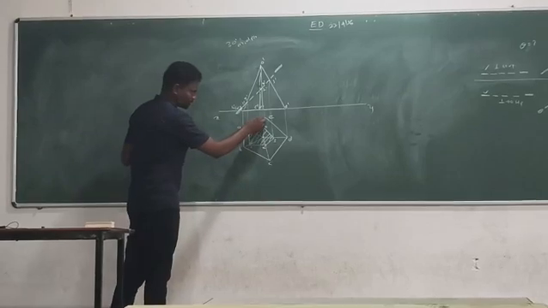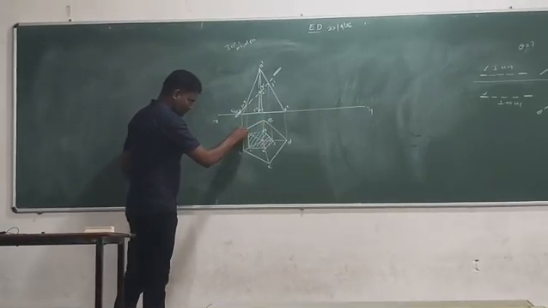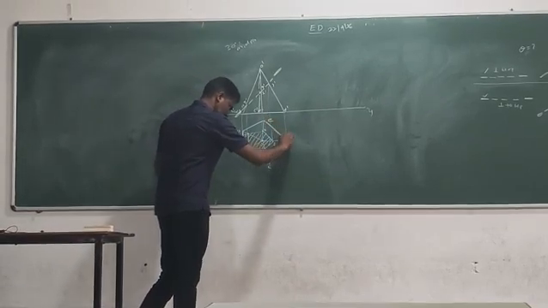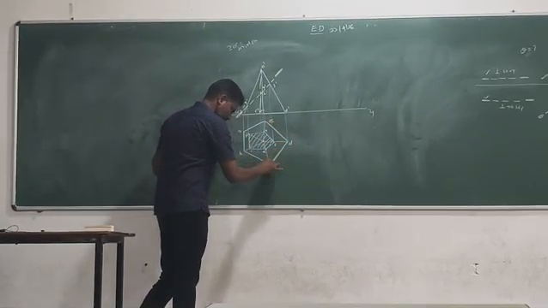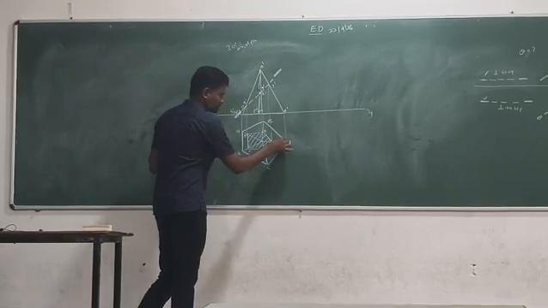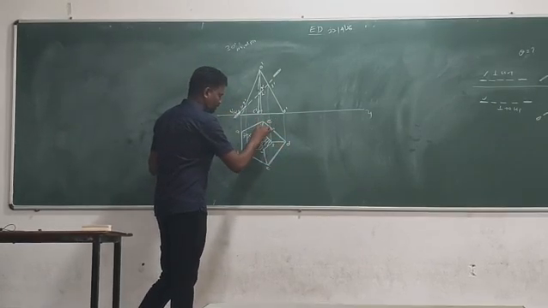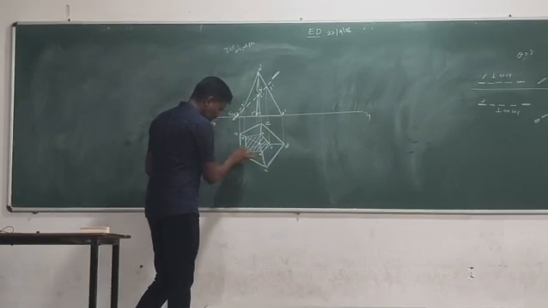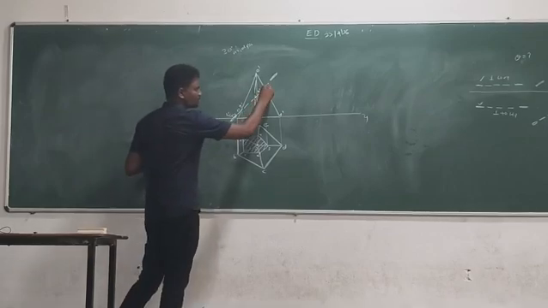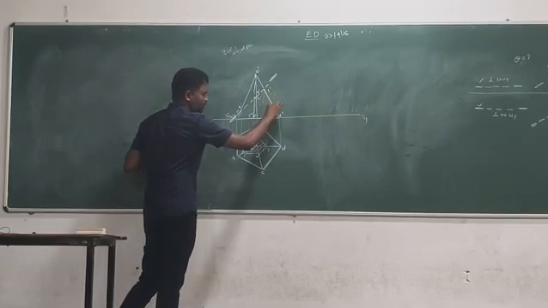The remaining portion. The outlines of the AO line. In the top view, in the front view, this is the portion we have to highlight.